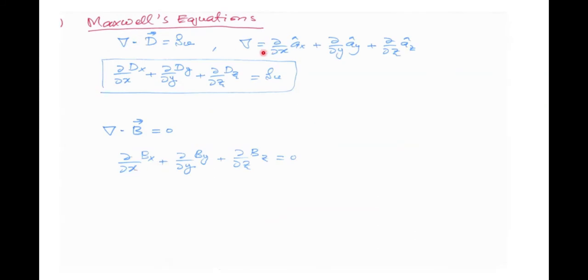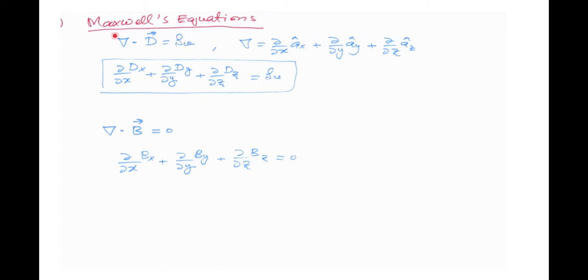As we know, the del operator is given in this format in rectangular coordinate system that represents the variation along each axis, along the x-axis, y-axis and z-axis. So let us assume that the D field has three components, that is a component along the x-axis, y-axis and z-axis.